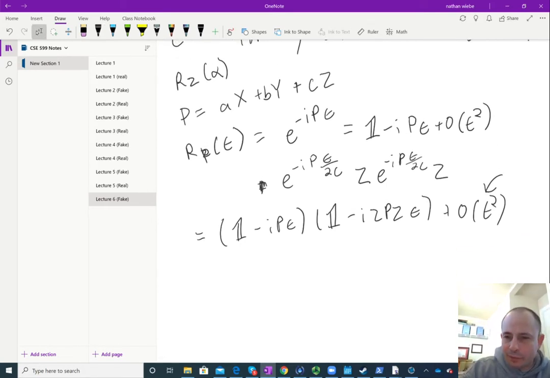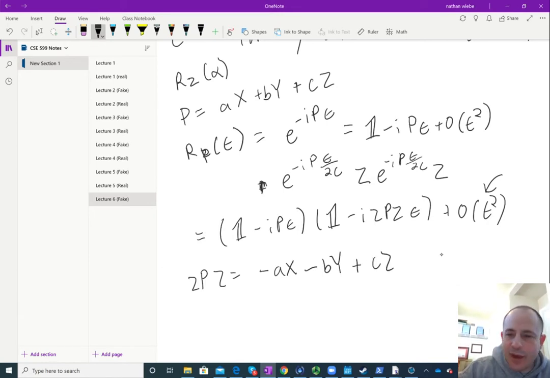So now, using the above expression for P, we can use the fact that ZPZ is equal to negative aX negative bY plus cZ.